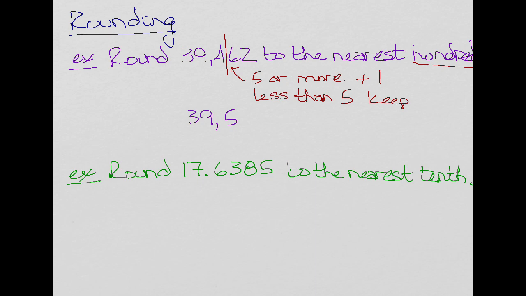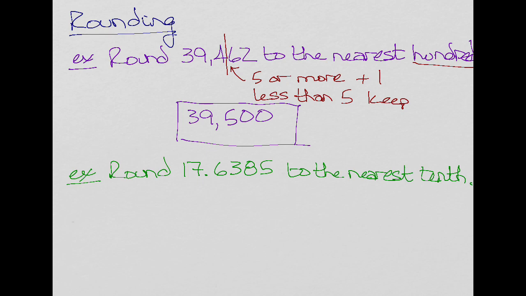We were rounding to the nearest hundred, so I'm going to put zeros after that until I get to the end. There were 2 places after what I was rounding to, so I'm going to replace those with zeros. 39,462 is close to 39,500 to the nearest hundred.